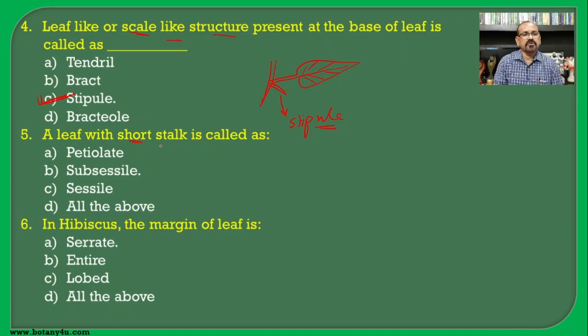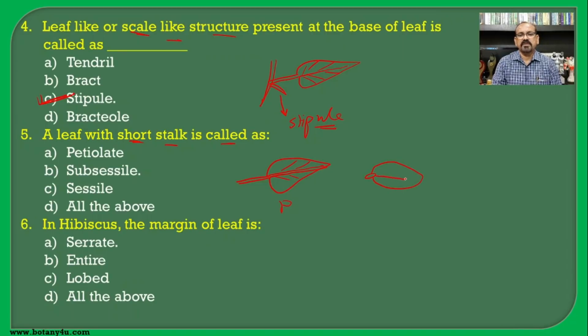A leaf with short stalk is called as. There are three different types on the basis of the length of the stalk. This is one type which is known as the petiolate.